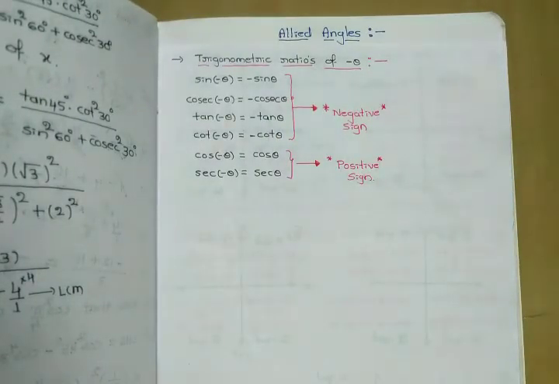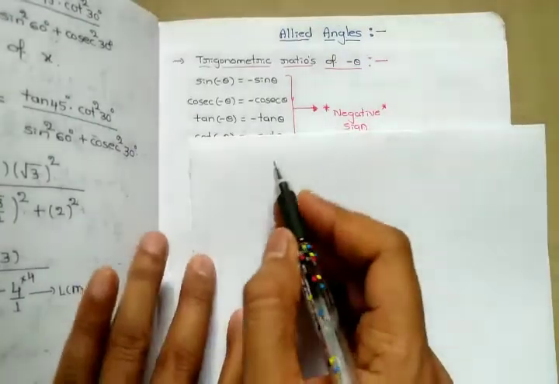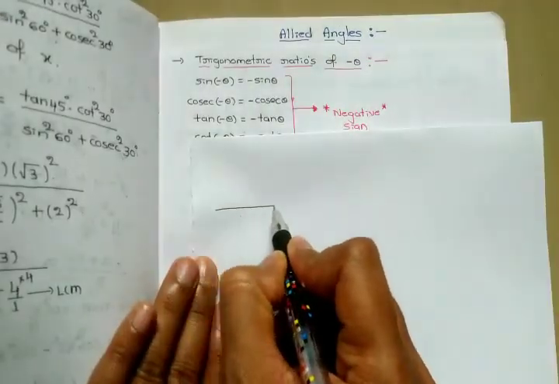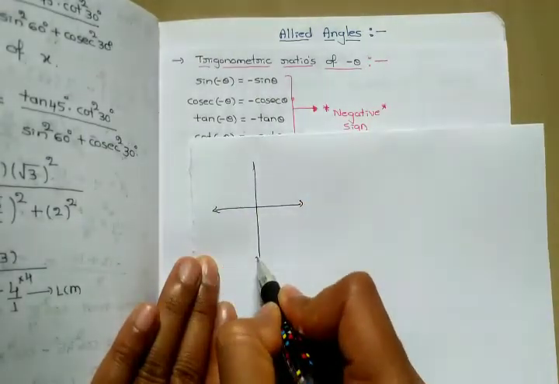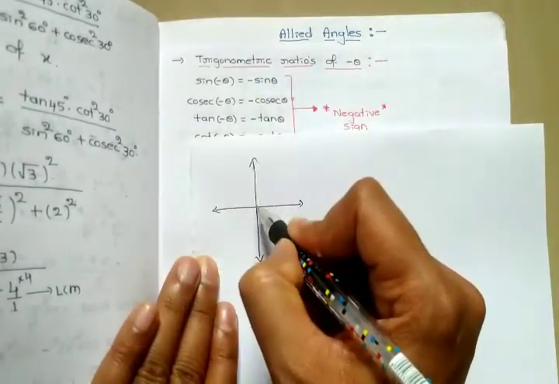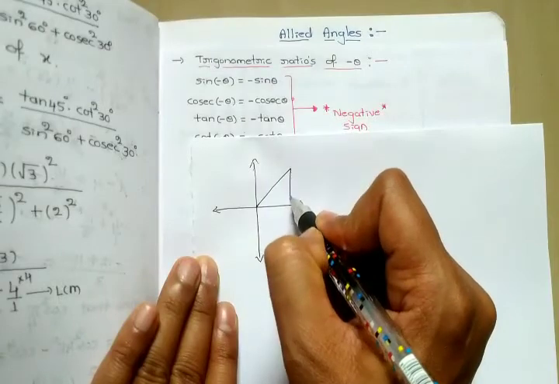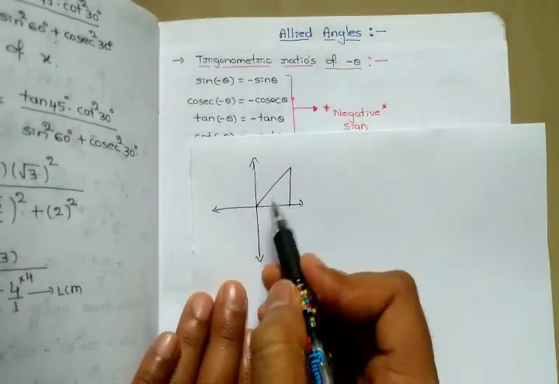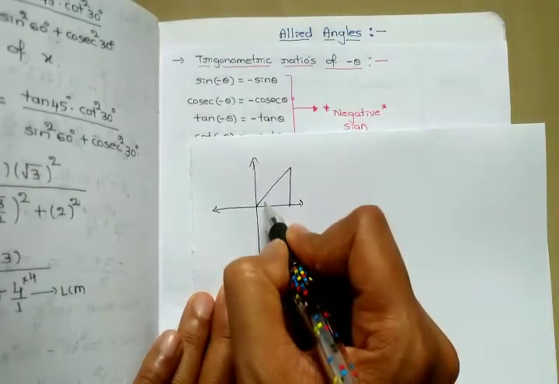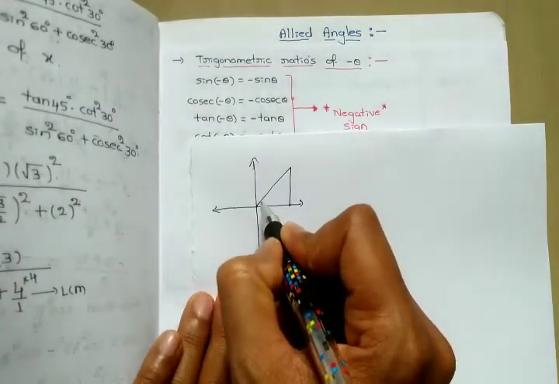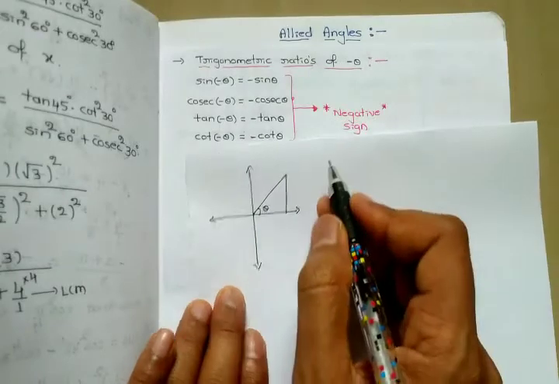Because see, if I take one axis, then here in the first quadrant I am going to draw one right angle triangle. So it is in the positive direction, means here theta I am going to take as positive.